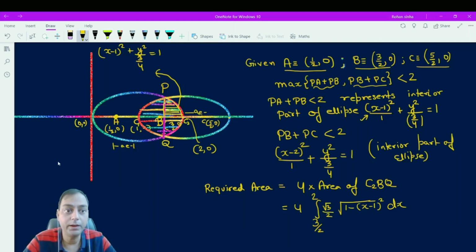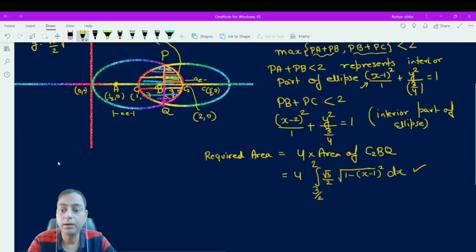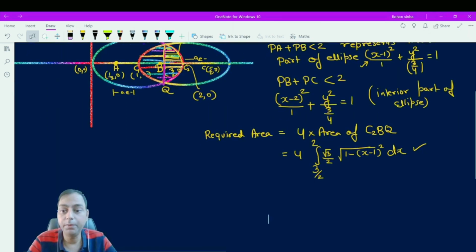So what is y here? y is equal to under root 3 by 2 times under root of 1 minus (x minus 1) whole square. Now putting the value here, the area is 4 times root 3 by 2 integral of under root 1 minus x square dx. Now to solve this integration, simply put x minus 1 as t.